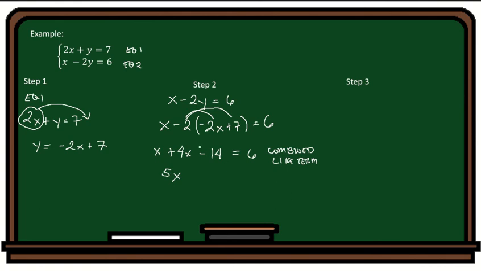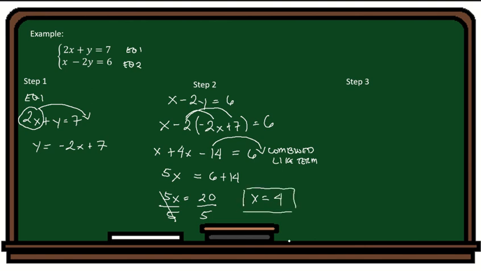Negative 14 is a constant number, a number without any variable, so we cannot combine it with 4x and x. Instead, we will transpose it to the other side, and 6 is also a constant number, so they are like terms. So we have 6 plus 14. 5x is equal to 20, divided by 5 to solve for x. So we have now x is equal to 4.